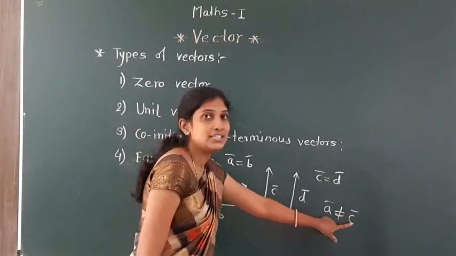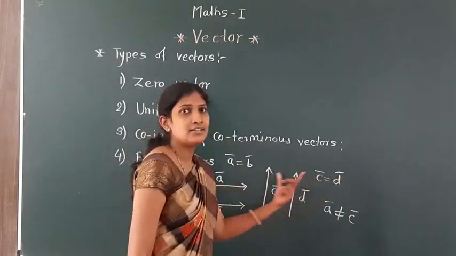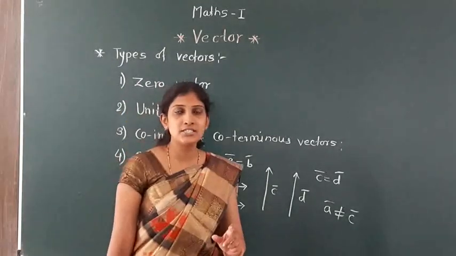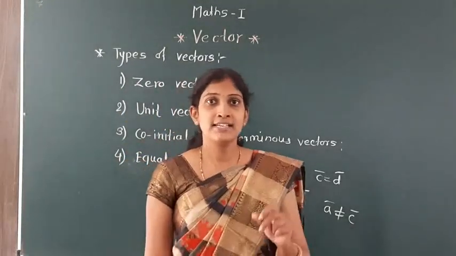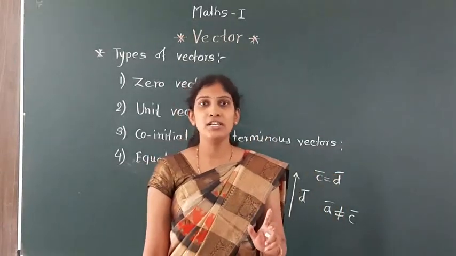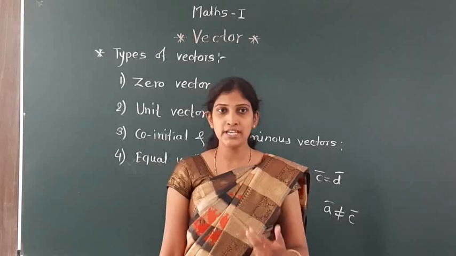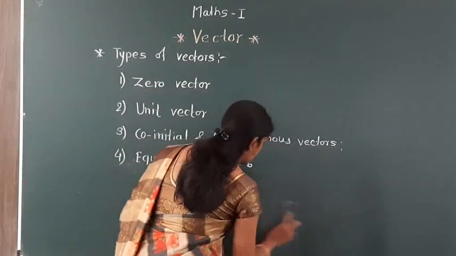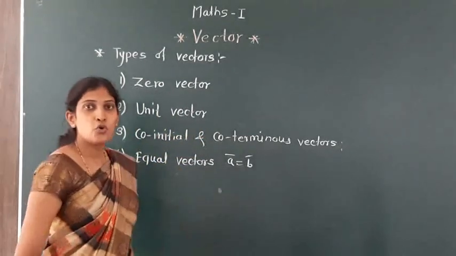So these are not equal vectors, and these are equal vectors. So what are equal vectors? The vectors which have the same magnitude and direction are called equal vectors. Now next, fifth type, which is collinear vector.